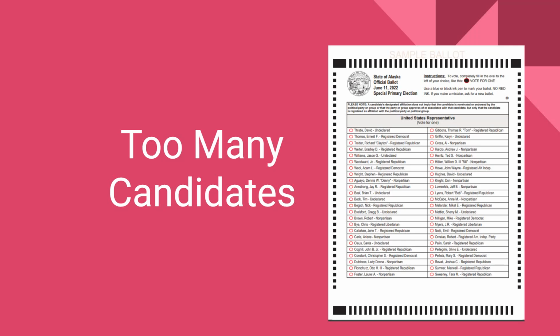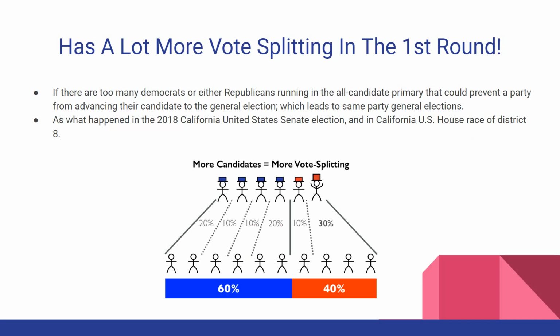And there are many reasons why too many candidates weaken voters' power. For one, another bad side of top 2 primaries, or top 3 or top 4 or top 5 primaries, is that it can lead to a lot more vote splitting. You can have a lot more vote splitting in the first all candidate primary round.